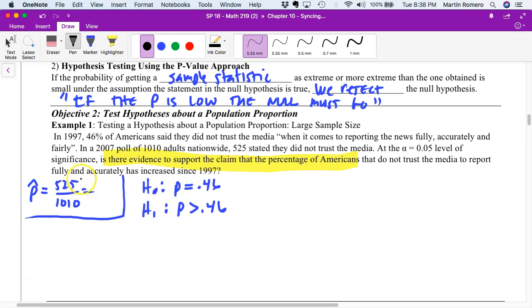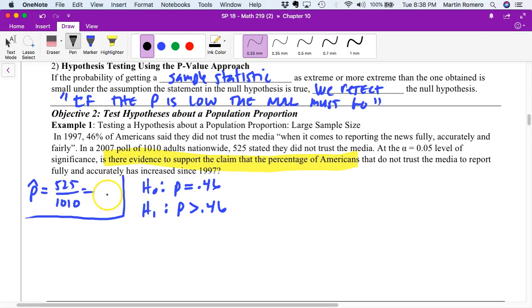Here's our evidence: 525 divided by 1,010. That is our sample statistic.